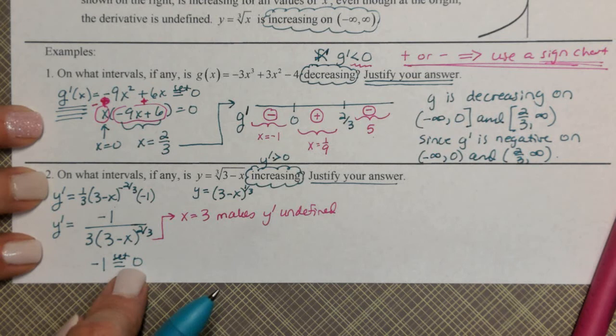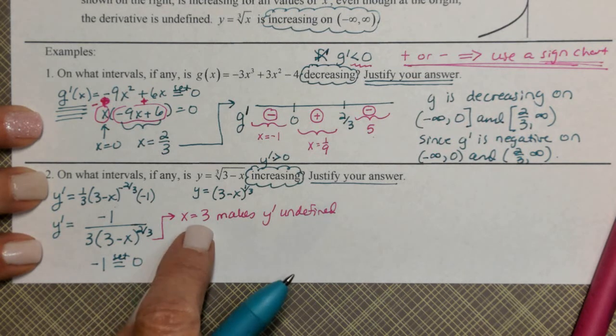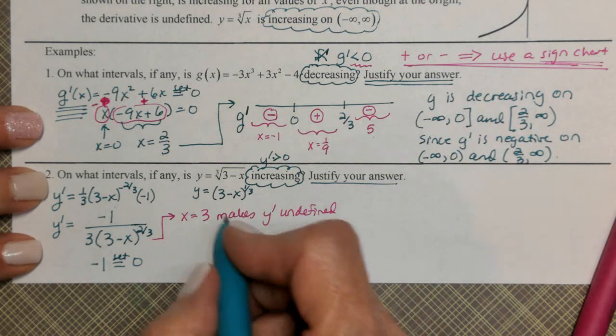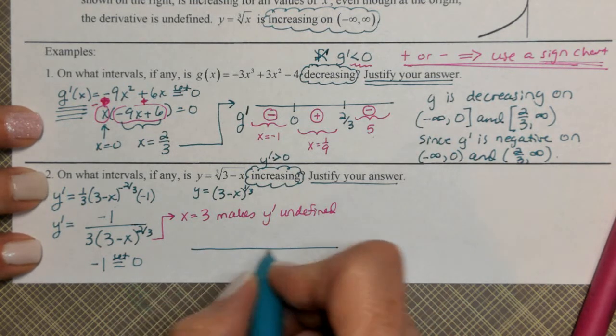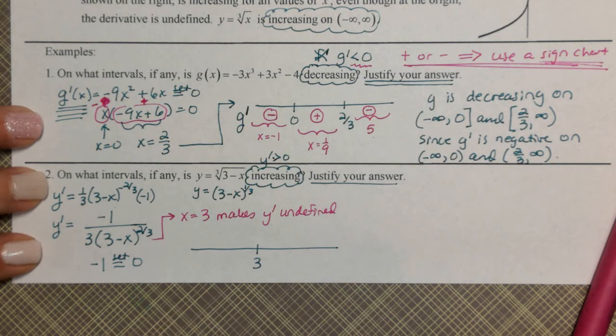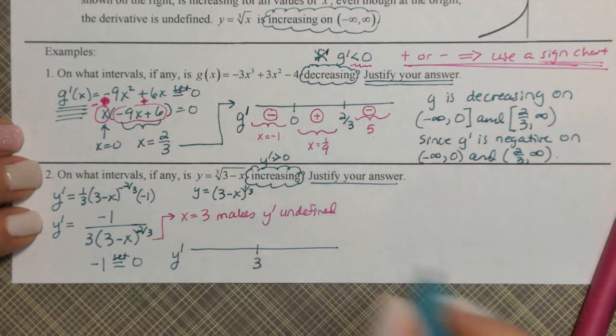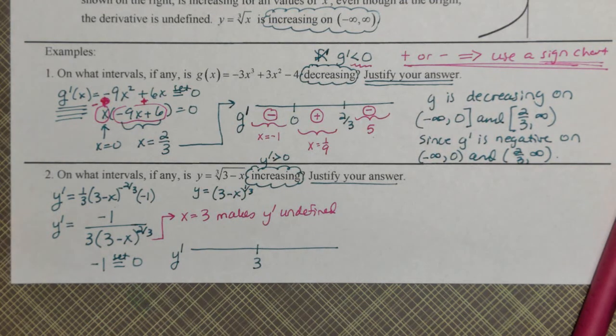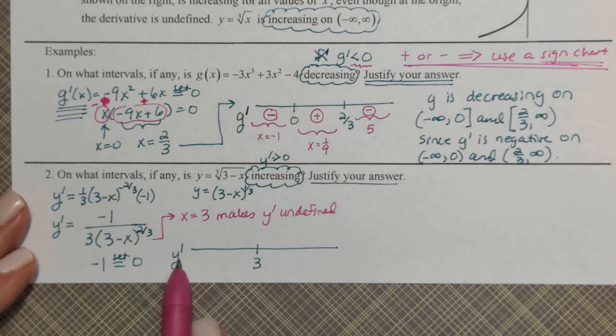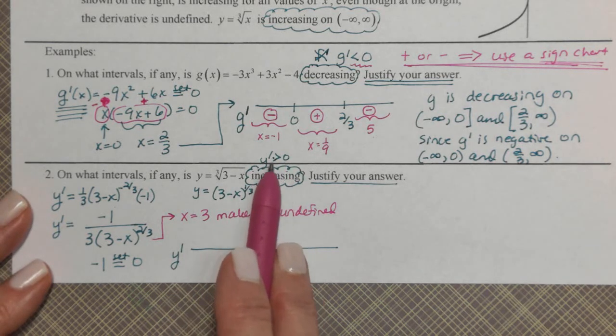So the only value that goes on our sign chart is the one that made the derivative undefined. So here's our sign chart. Here's the only value that is a critical number. The 3 came from y prime, so we're testing y prime.